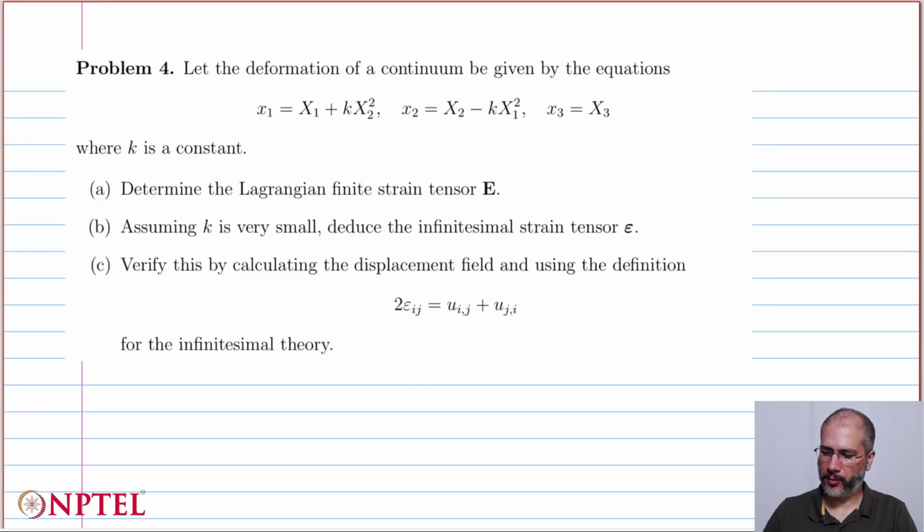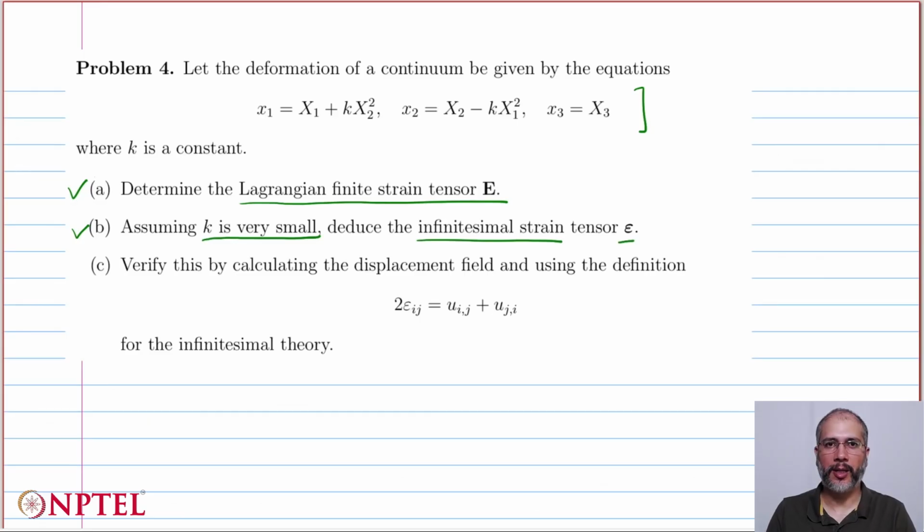So here's problem 4. Let us understand the problem first. We have the deformation given by these equations or the chi function. First, we have to determine the Lagrangian finite strain tensor capital E, and then we will use the condition that if k is small, then we can get the infinitesimal strain tensor epsilon, because under small deformations, capital E becomes epsilon.